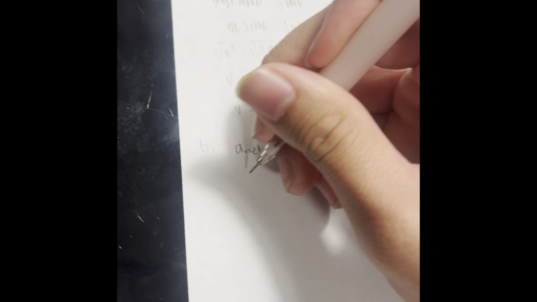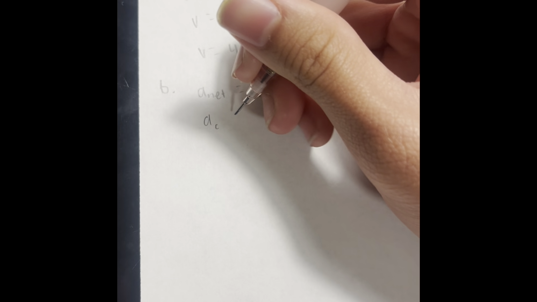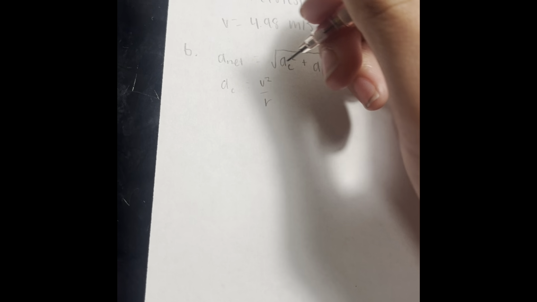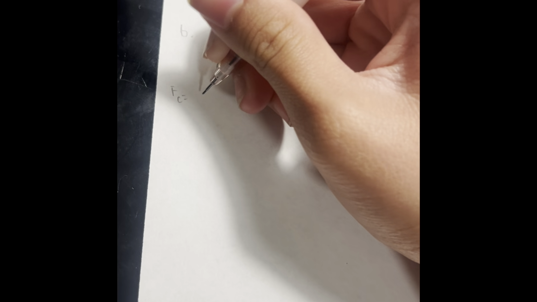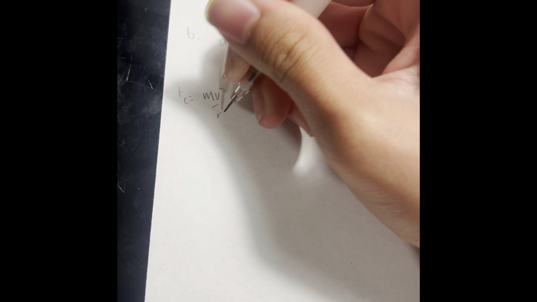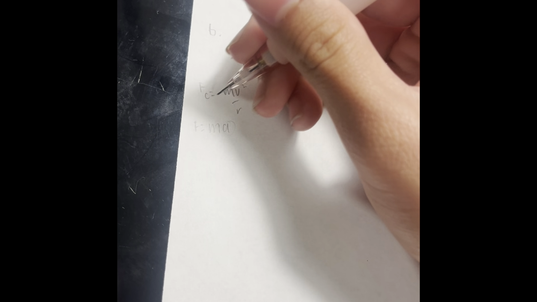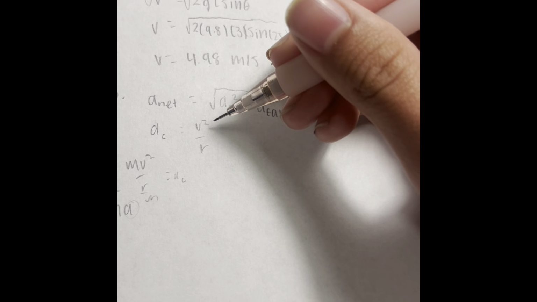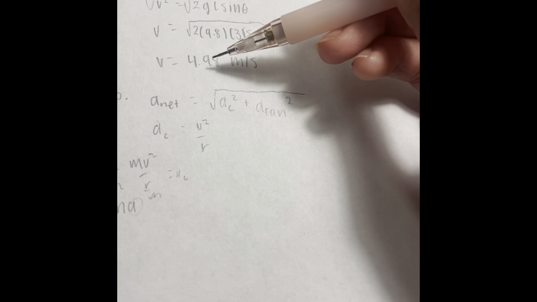And so I'm going to do here, a_c is equal to v squared over r. And we get this from F_c equals mv squared over r, F equals ma. So to get a alone, you just divide both sides by m to get a_c. Okay, so for a_c, we found v at 25 degrees below the initial release point already.